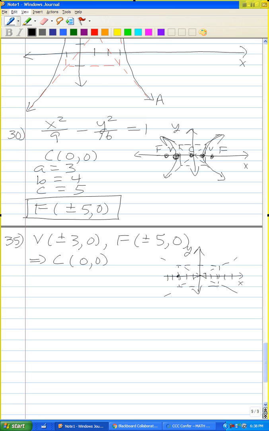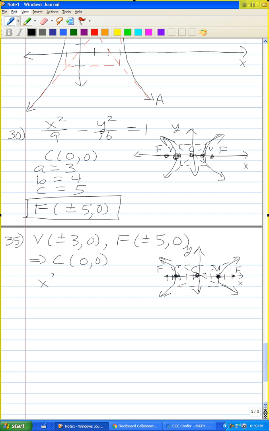So you have vertices, foci. And your hyperbola is going to look something like this. Very crudely, something like that. And so the center is going to be the midpoint between these two vertices, which turns out to be, well, the midpoint between plus 3 and minus 3 is going to be 0.